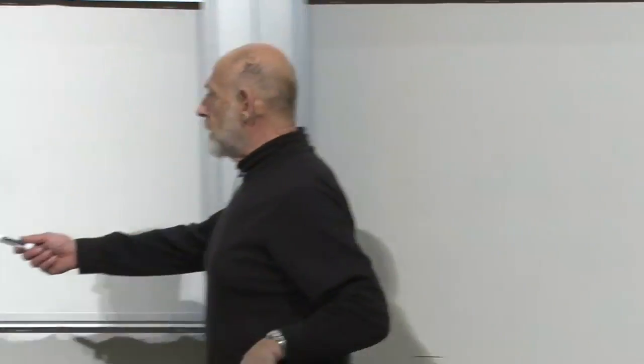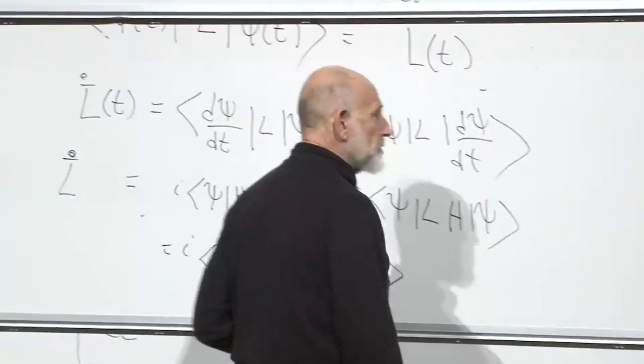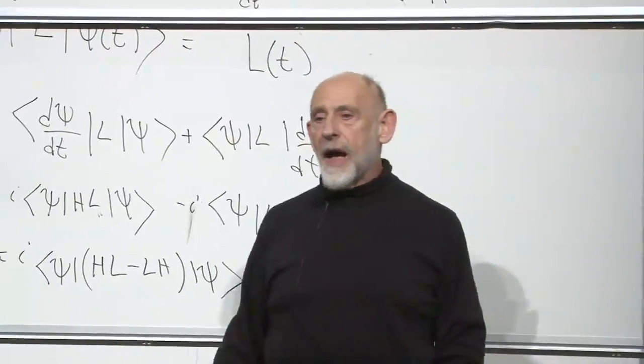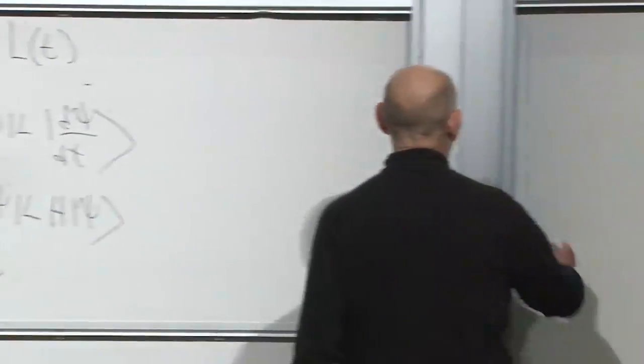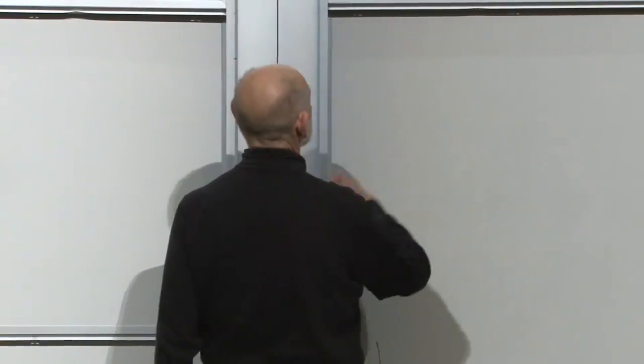What is this animal called? H times L minus L times H? It's called the commutator of the two. Okay, so this is a definition given to operators.